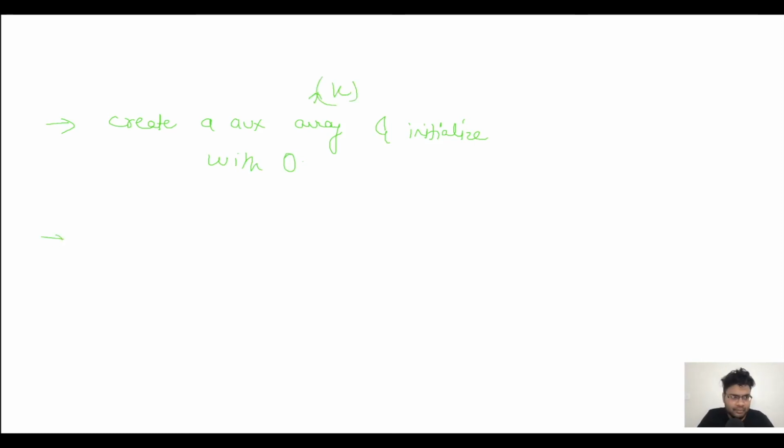The second operation is to go through the original array and increment the corresponding value in the auxiliary array.